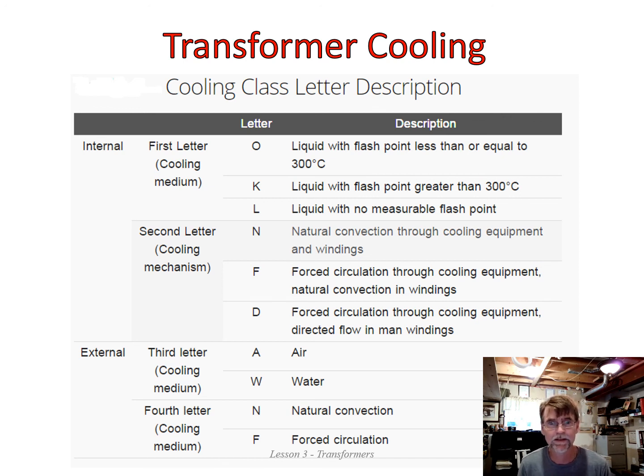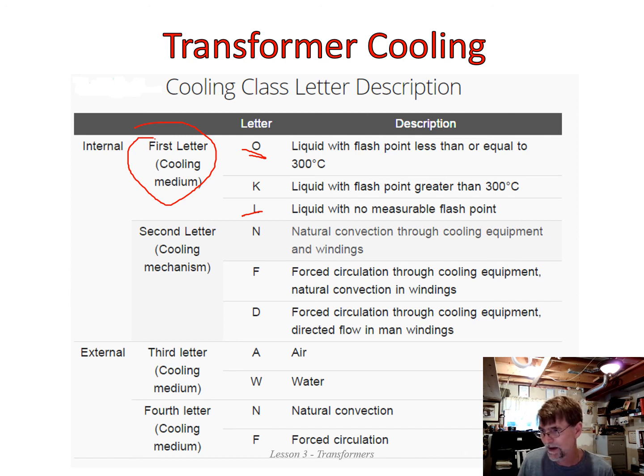I'm not going to go through all of these letters, but the first letter is the cooling medium: O for oil, L for liquid, and they are different based on their flash points. How hot can this stuff get before you start to get nervous about flashover, something burning up?